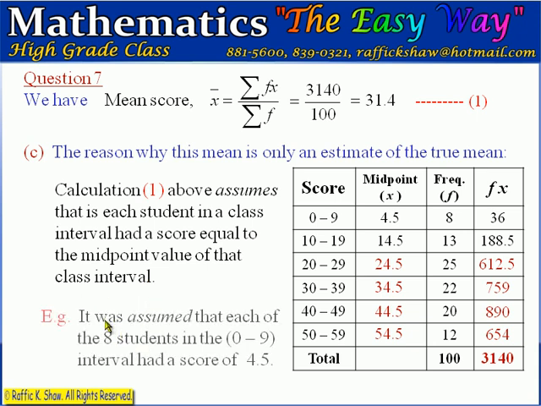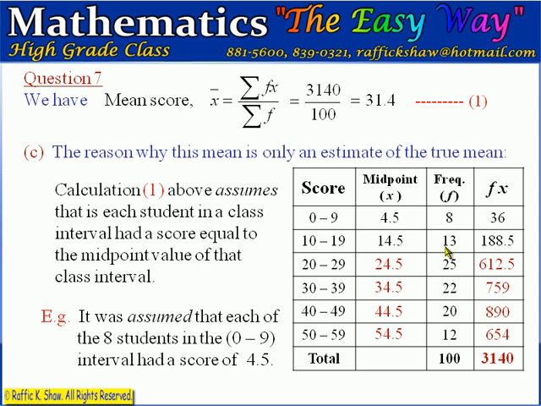And for example, it was assumed that each of the 8 students in the 0 to 9 class interval had a score of 4.5, and this is it. In trying to determine the total score of the 100 students, it was assumed that, for example, in this group, each of the 8 students from this group had a score of 4.5, but that is not necessarily the case.